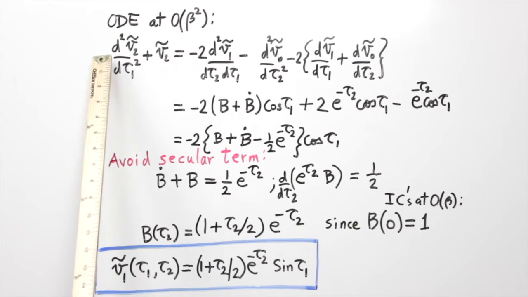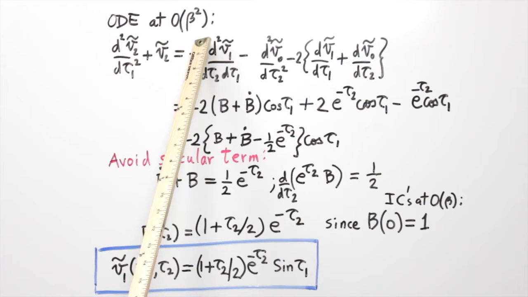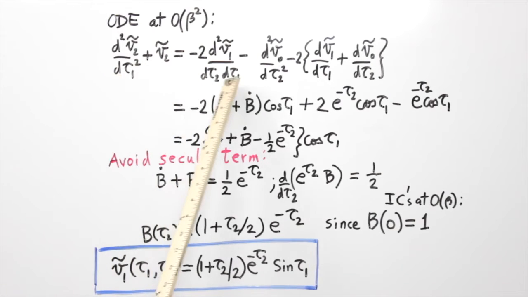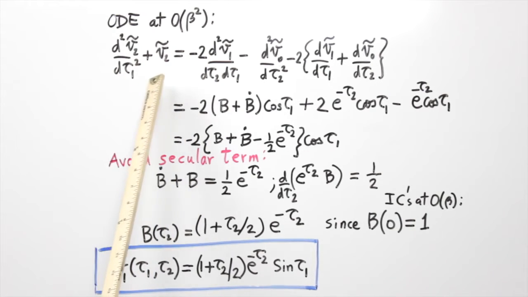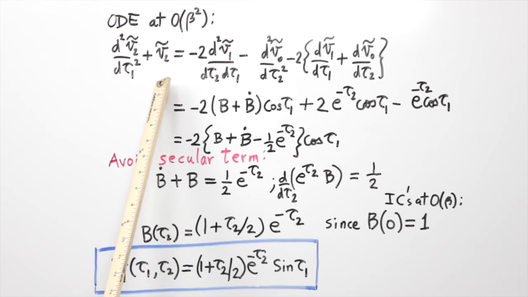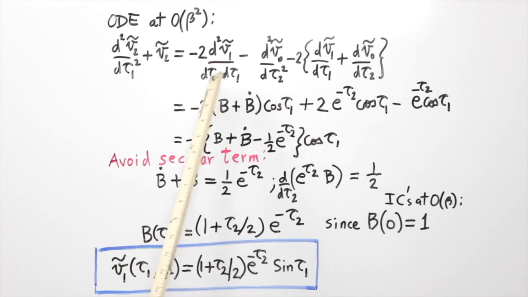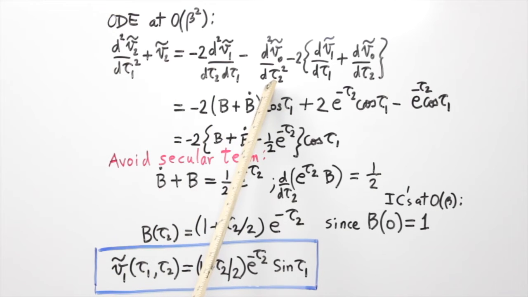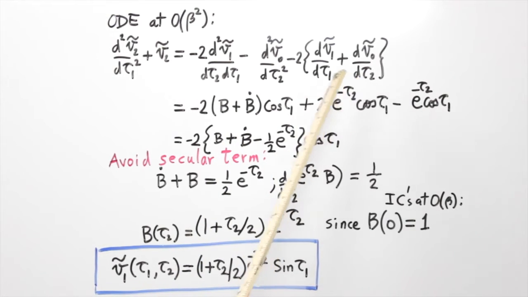So the ODE at order beta squared is written over here. The left hand side is the spring mass oscillator system, and of the terms on the right hand side, these two terms are associated with the multiple time scale expansion that we introduced, and this term is associated with damping.